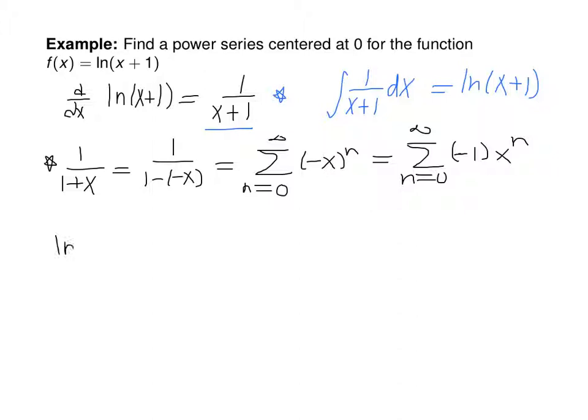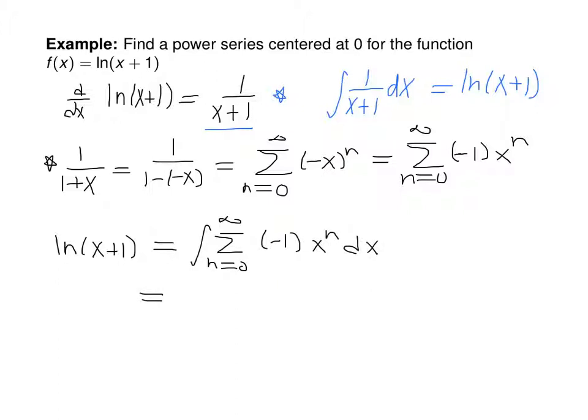And so a series for ln of x plus 1 will equal the integral of this series. And that will be the sum from n equals 0 to infinity, negative 1 to the n, x to the n plus 1 over n plus 1.